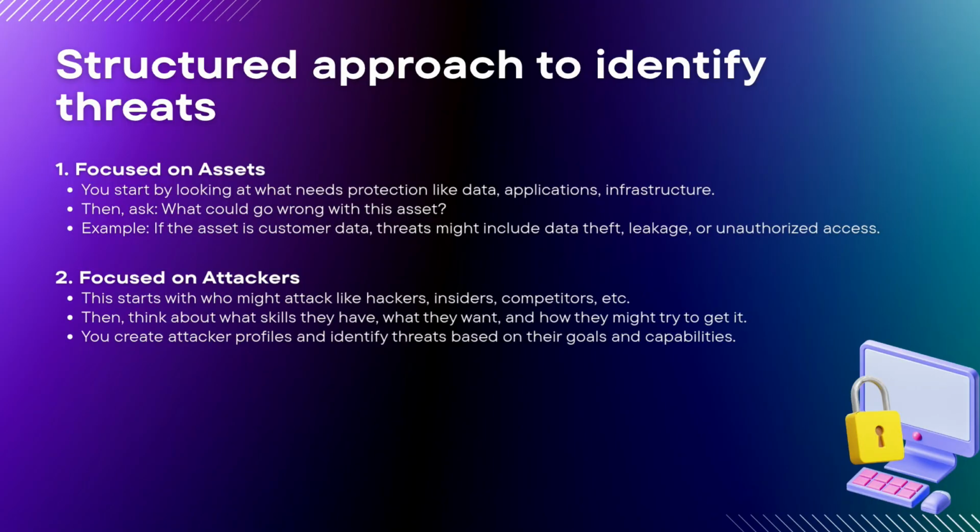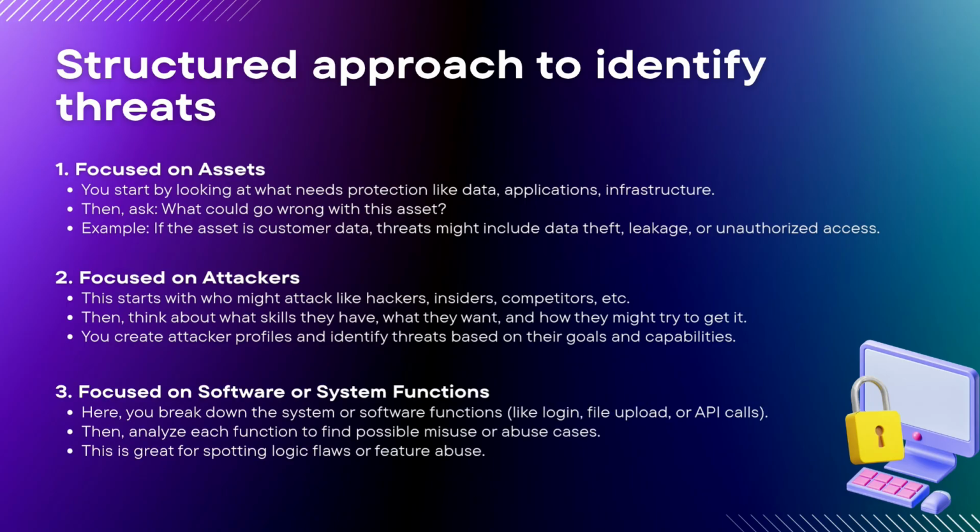Ask the question, who might want to attack us and what would they gain from that? Are we worried about insider attacks, external adversaries, competitors? So this helps us think like the enemy, right? And the third one is you can start with the system itself. Break it down and ask, what does the system do? Where and how can it be misused or abused?